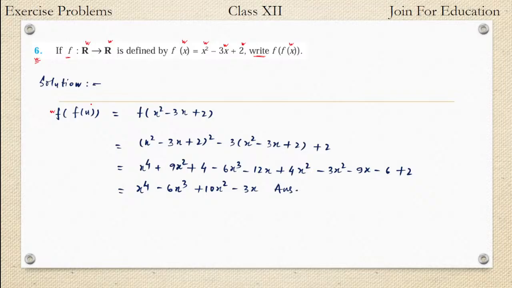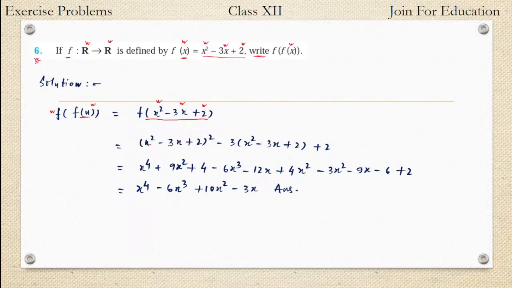For f(f(x)) we write down this one. So f(x) is x square minus 3x plus 2. So f of this one, according to this one, will be x square.